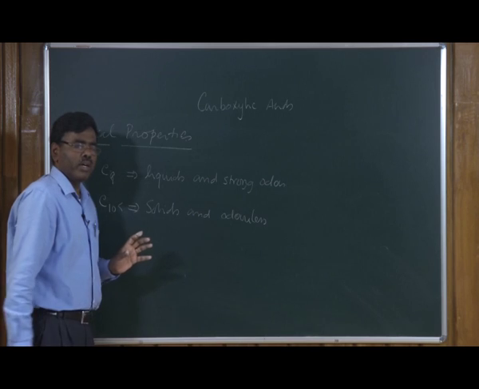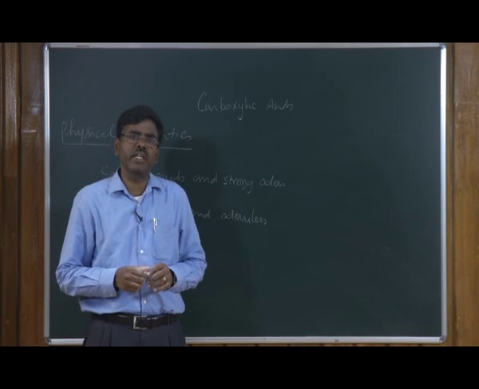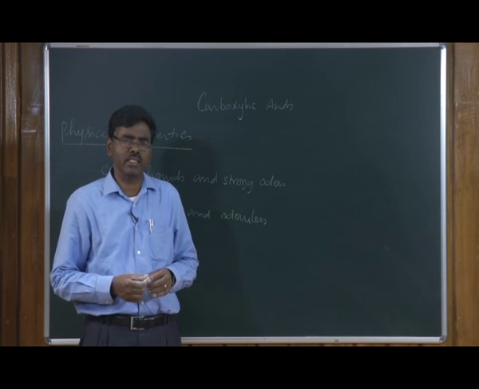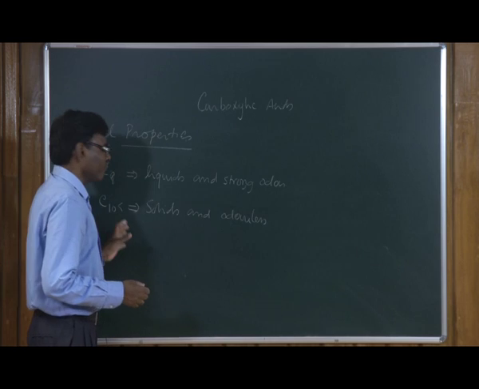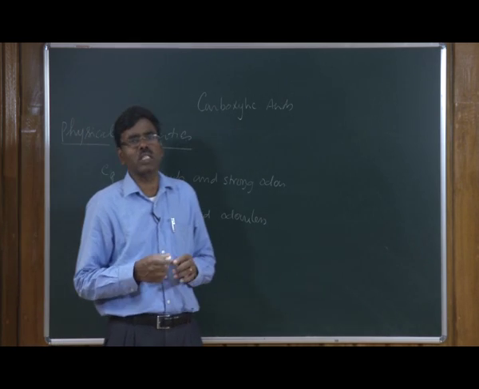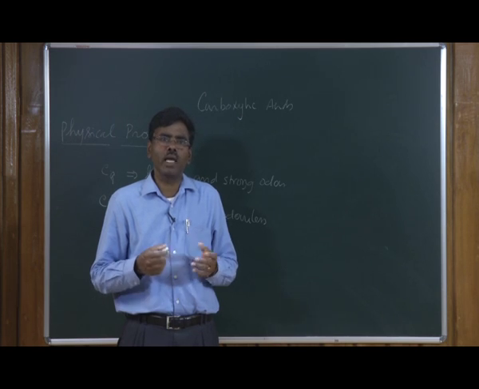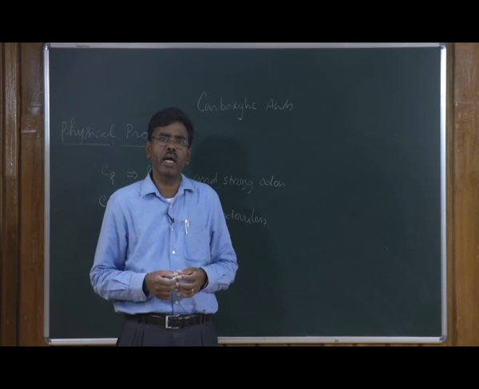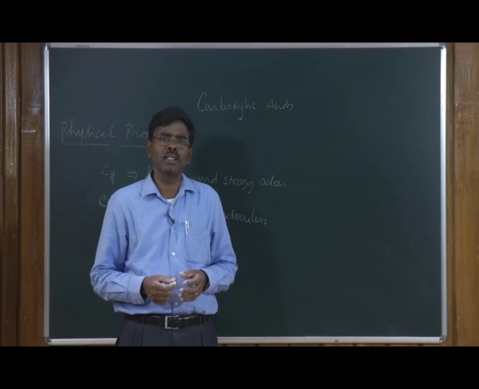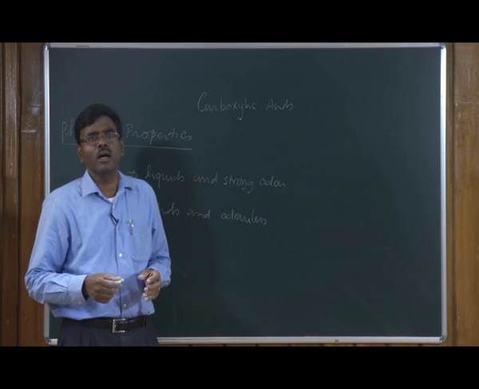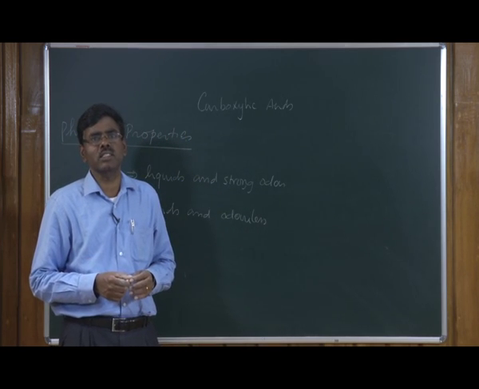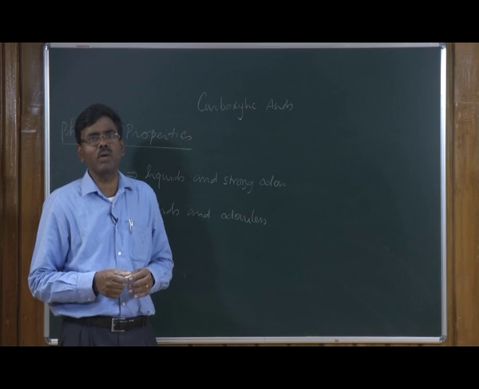Regarding the boiling point, when you increase the molecular weight of carboxylic acid, the boiling point increases. And if you compare the boiling point of carboxylic acids with aldehydes, ketones and alcohols, carboxylic acids show a higher boiling point compared to aldehydes, ketones, alcohols. This is because of the association of carboxylic acids via intermolecular hydrogen bonding.